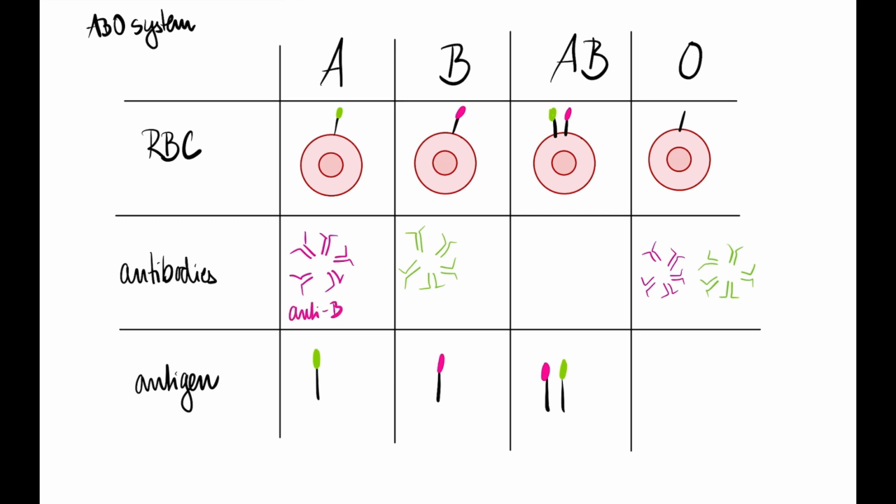Because if you give a blood group B and anti-B antibodies together, these will coagulate. To be particular, the anti-B antibodies will connect to the antigen of red blood cells because they've got high affinity towards them. They just want to be together because they are compatible. Or actually not compatible when we are talking about blood transfusions, but as I said, they have really high affinity towards these. And if they coagulate, it's bad for us.